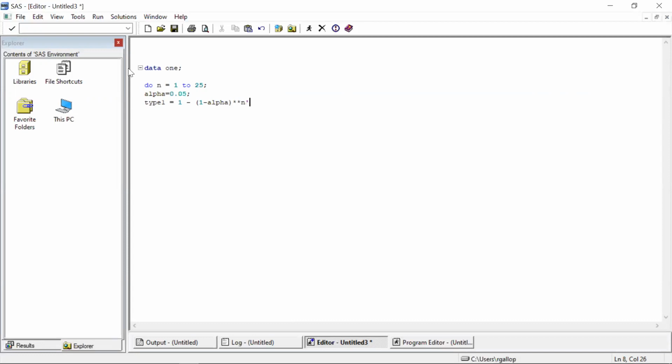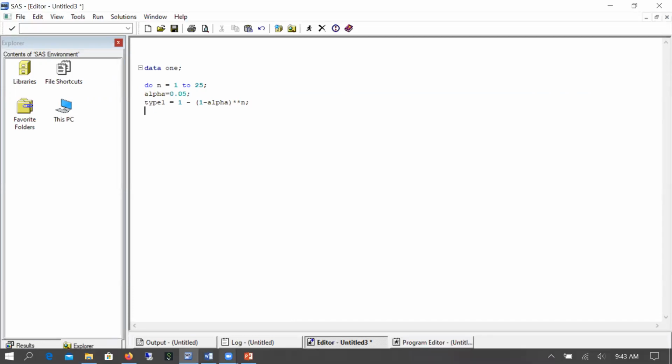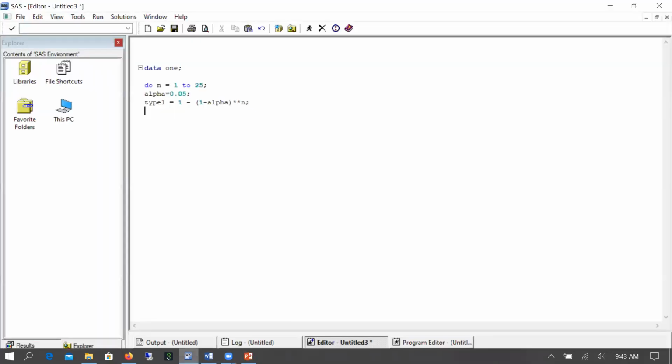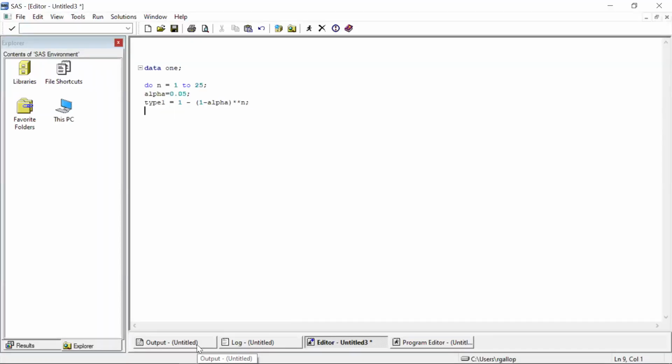So I've got the formula right there from Savitz and Olshan. Again, you see 1 minus alpha to the n. That's the formula we have. I'll output this, I'll run it, and let's take a look at the output.